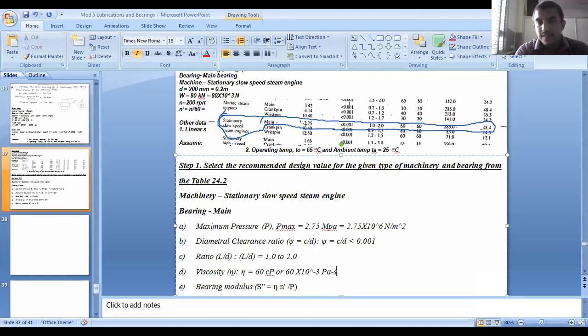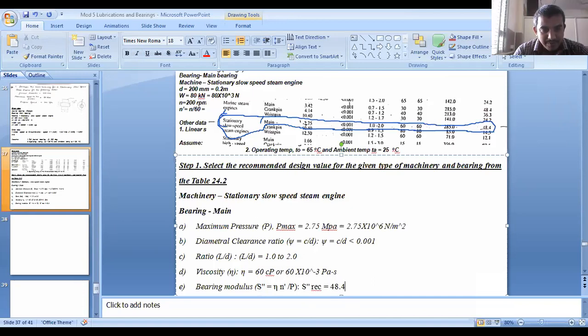Is it right? Then bearing modulus. This is the recommended bearing modulus, which is important. How much is it? 48.4. What is the unit of the recommended bearing modulus?